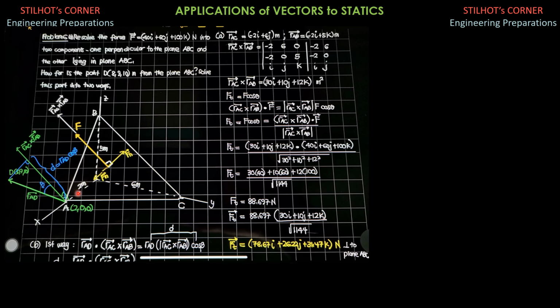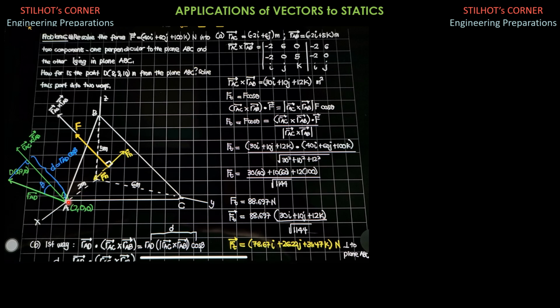So RAC, A to C is along X, 2 backward, then along Y it is in the positive direction, 6. Then there's no movement along Z. Therefore, in vector form, RAC is negative 2i plus 6j as shown here.